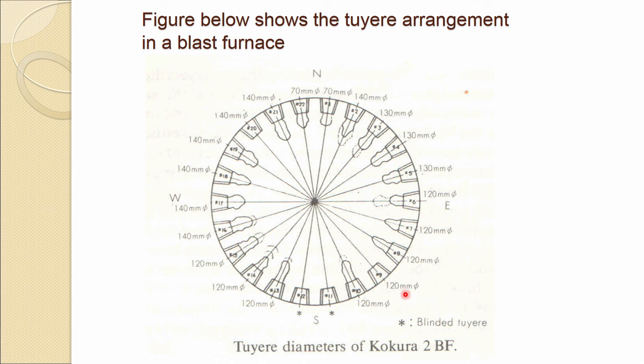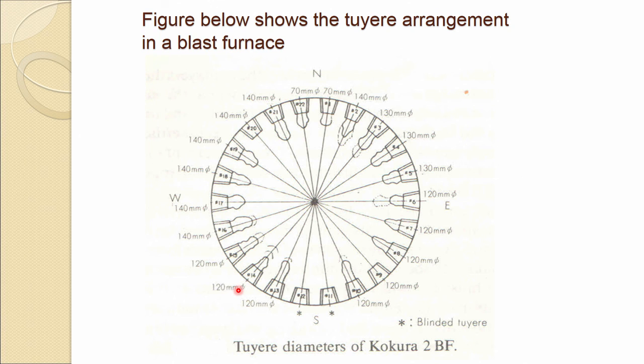It has about 22 tuyeres across the periphery in the whole cross sectional area, which of course have quite different openings. If you look, it is varying, let us say here 70 millimeter, and then 140, 130, 120.